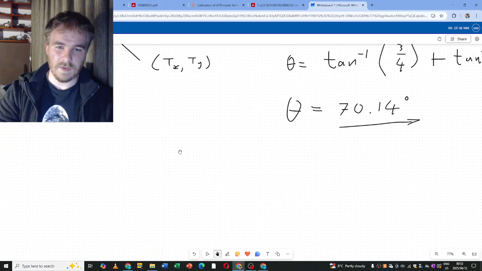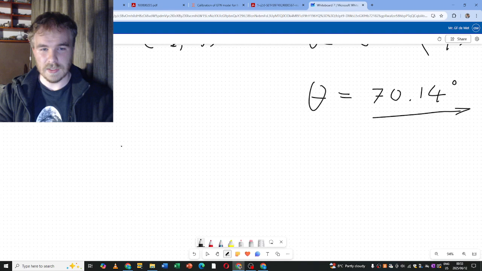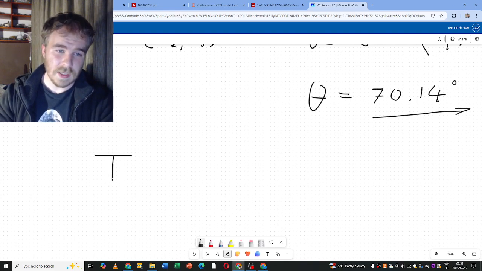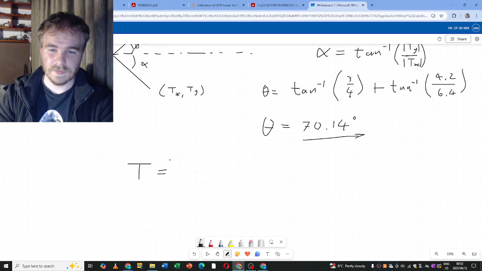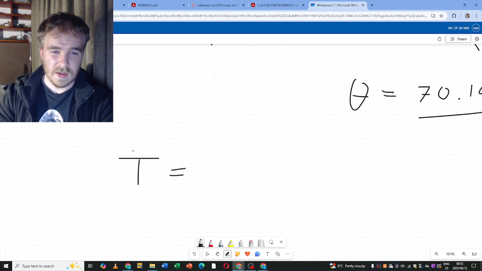And if we really want, we can write this out nicely. We can say that T is equal to, let's make a T vector.